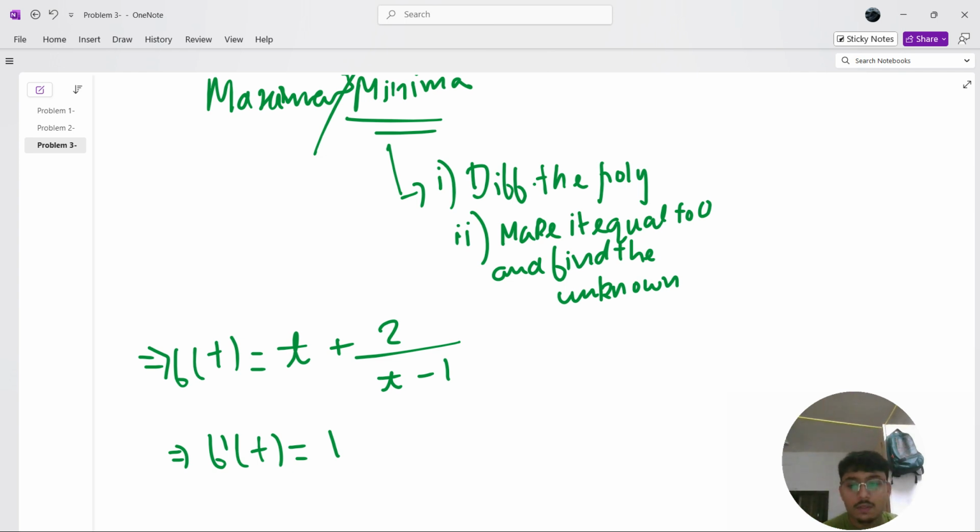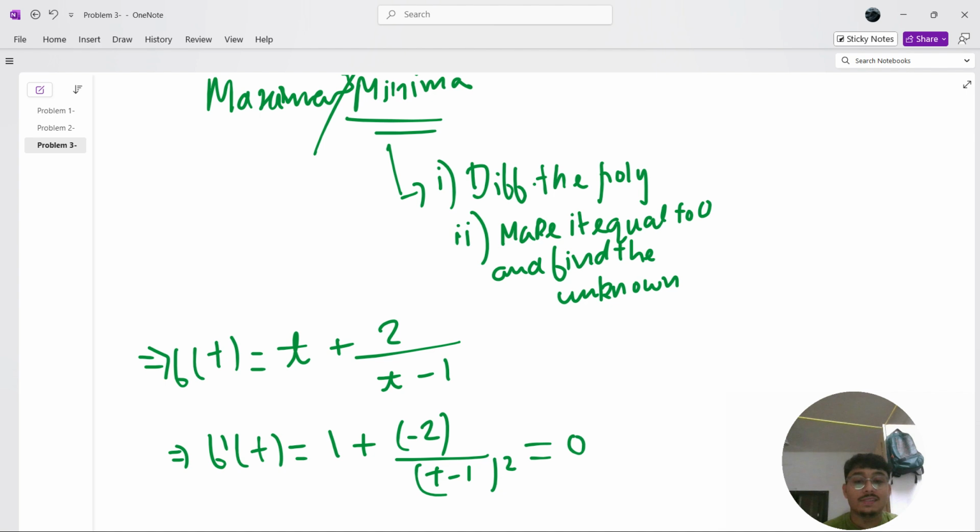This can be written as 2 into t minus 1 whole to the minus 1. I'll be differentiating this using v du by dx minus u dv by dx. V du by dx is basically 0, because the differentiation of 2 is 0, and minus u dv by dx is minus 2 by t minus 1 whole square.